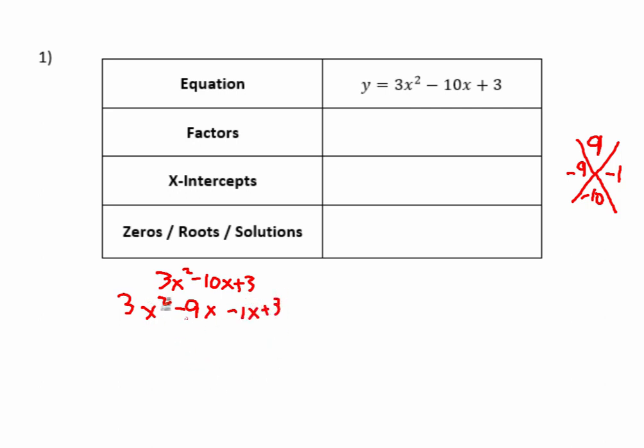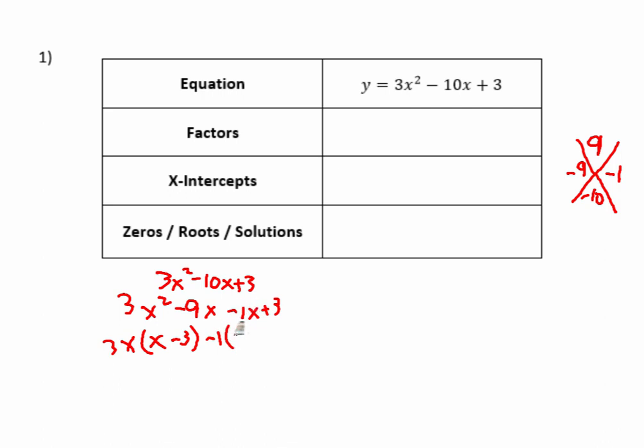So if I look at the first two, the greatest common factor of 3x squared and negative 9x is 3x. And I'm left inside with 3x squared divided by 3x, which is x, and negative 9x divided by 3x, which is minus 3. For negative 1x and 3, all they share is a 1, and I have to take the sign of that front number, so minus 1.